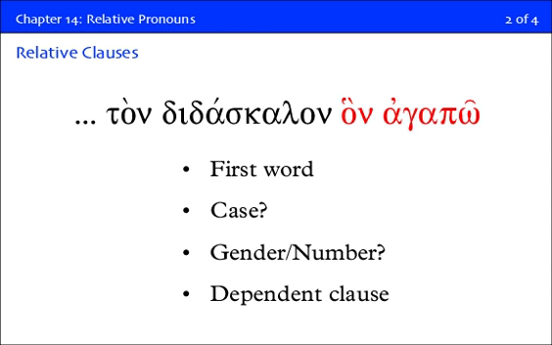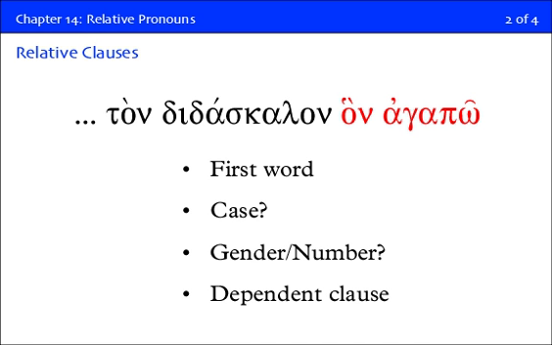Han is a relative pronoun. It's accusative, as you might guess, right? It looks like a case ending with a vowel and a rough breathing, doesn't it? That's your clue. It's accusative, and it's masculine singular. And so this would say, the teacher whom I love.